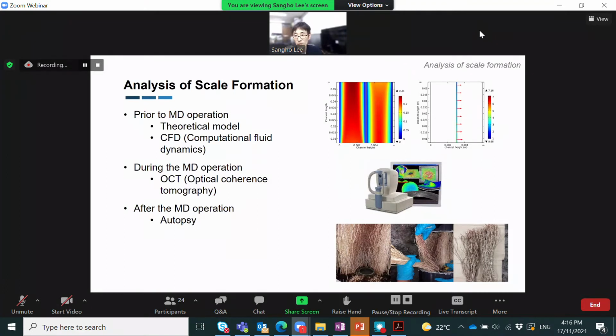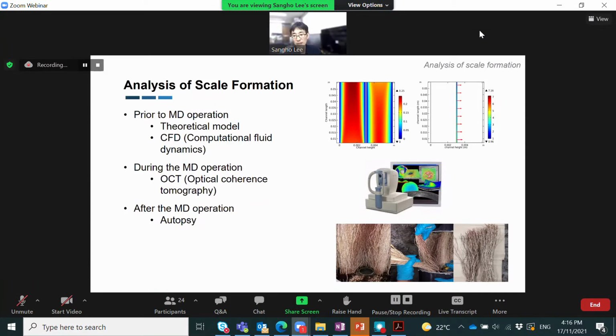During the MD operation, we can see the changes in flux with time or concentration factor. But recently, people have applied a new technique, so-called optical coherence tomography, which lets us monitor the progress of membrane fouling during the membrane operation without destroying the membrane module.